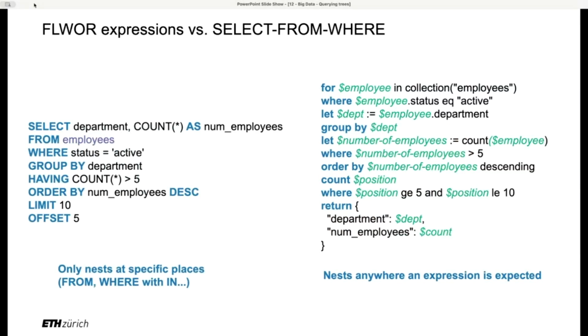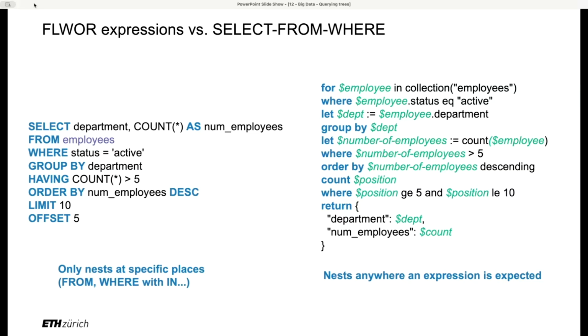Okay. The next one is that in SQL, the select from where can be nested, but not everywhere. You can only nest it at a few places. You can nest it in a from clause when you give it a name. You can nest it in a where clause, for example, where some attribute in, and then you have a select. So it's a bit limited and restrictive how you can nest them.